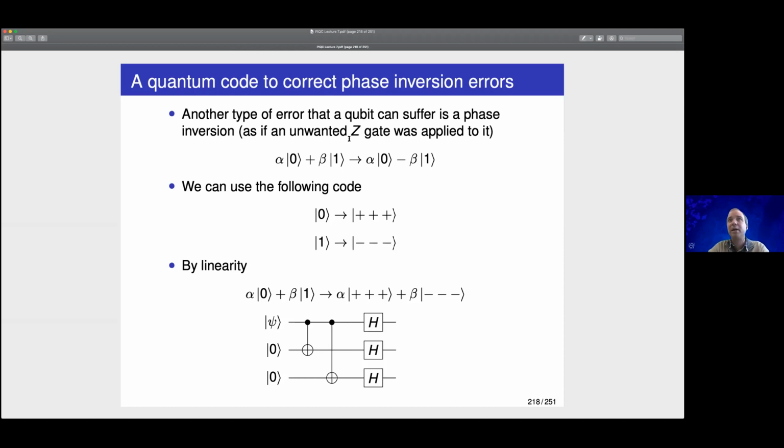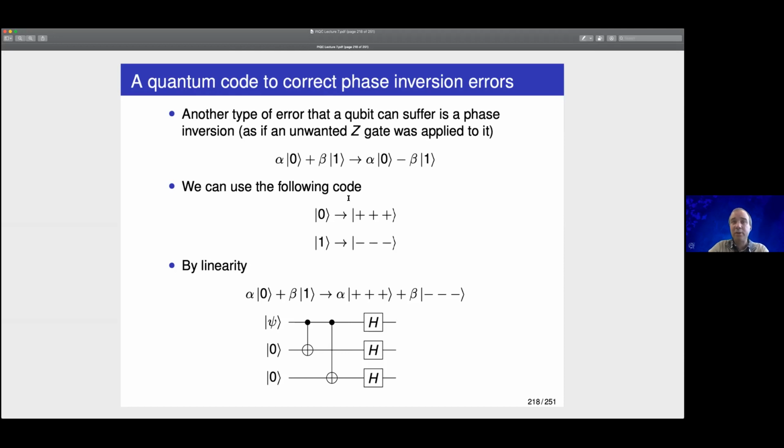Okay, so imagine now that we have this qubit and it changes to this other state, which is different. In fact, it is orthogonal, because a Z gate has been applied in an unwanted or uncontrolled way to the information. Okay, how can we protect against this kind of error?